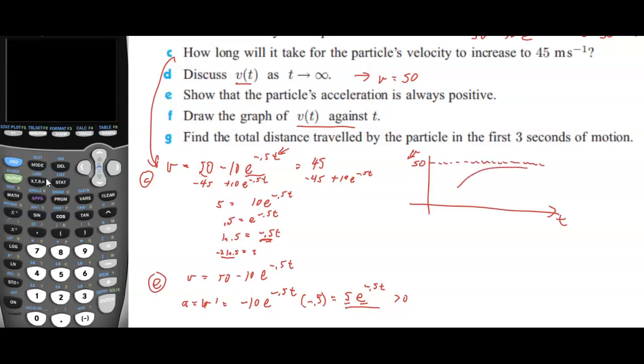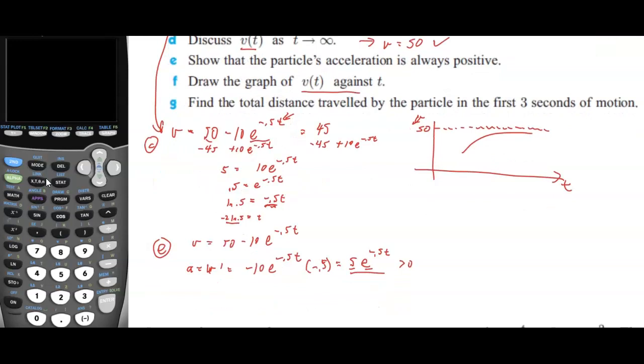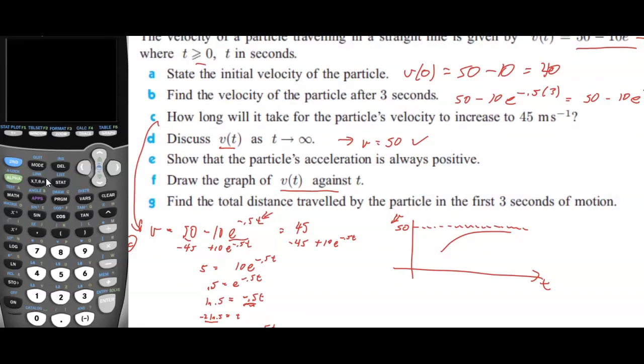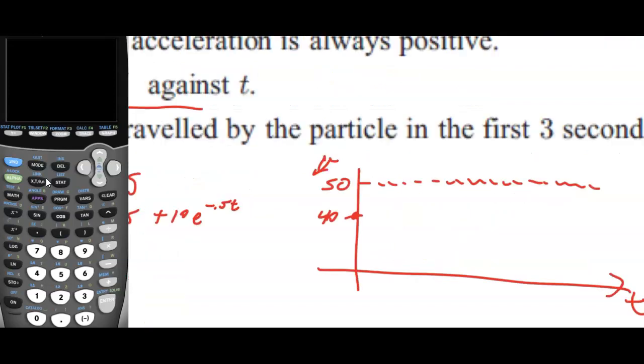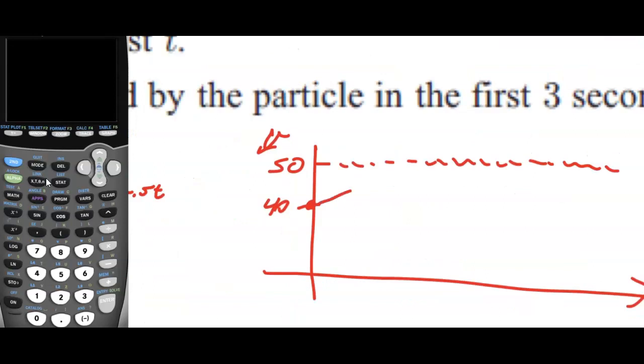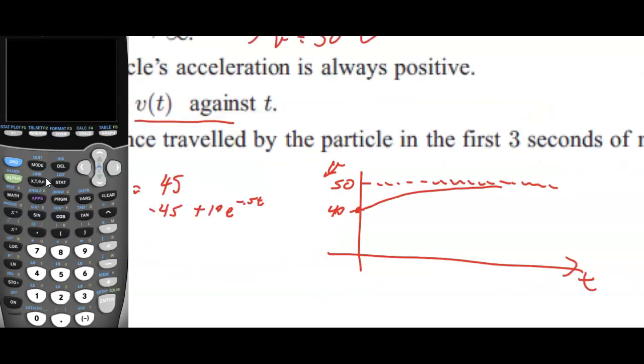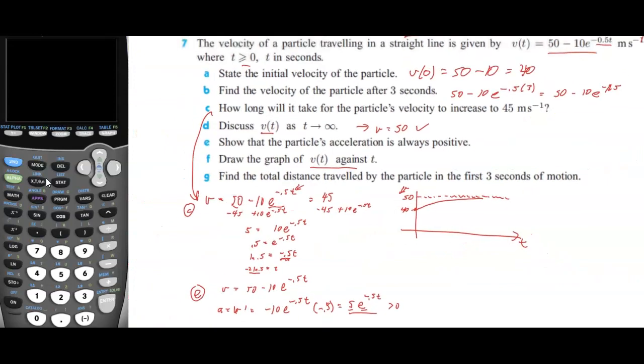What else do we know? That was that. When does it reach 45? Ignore that. The initial velocity of the particle is 40. So the graph starts at 40, and then the exponential function approaches the asymptote, like that.